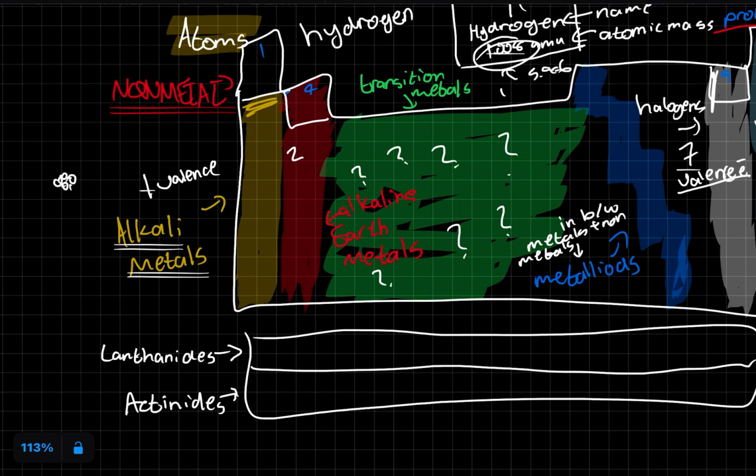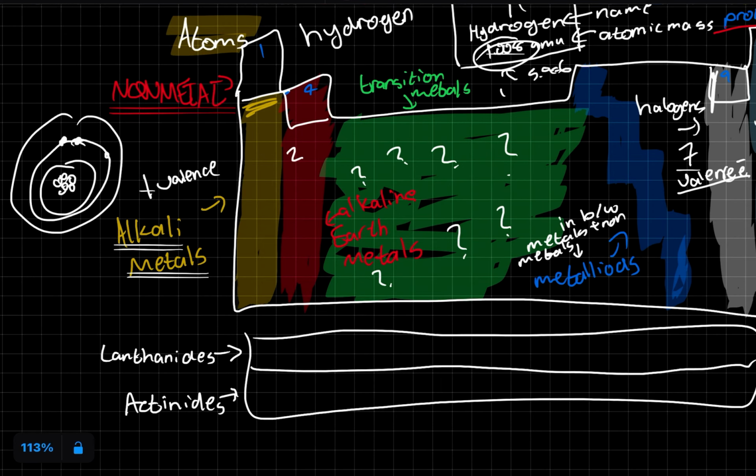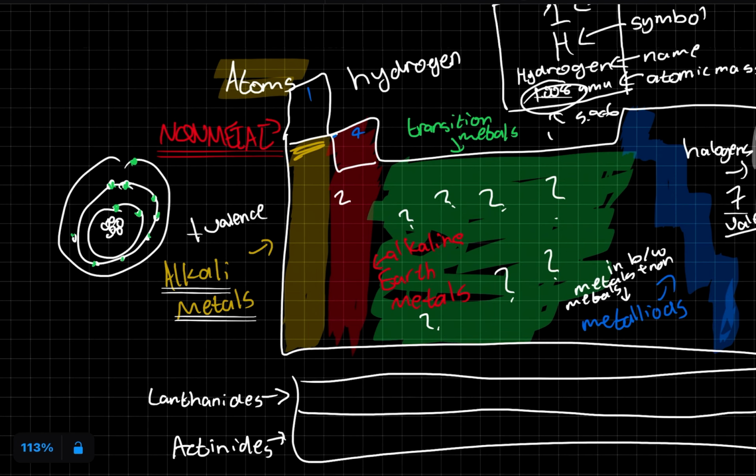For example, this is hard to imagine. Let's say you've got this element. I'm just making this up. So let's say it has 8 right here, 1, 2, 3, 4, 5, 6, 7, 8, and that has 2 right here. Let me draw these in a different color. So it has 2, 8, 1. Atoms are happy when they have 2, 8, 8.